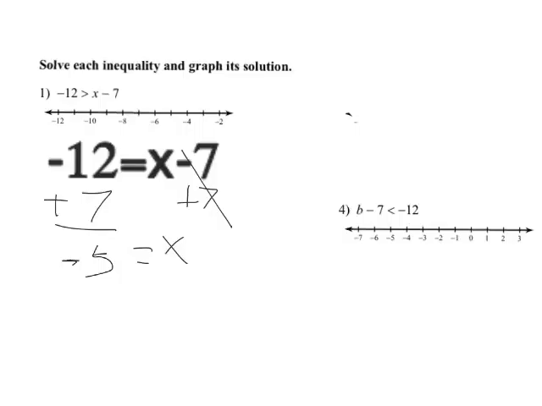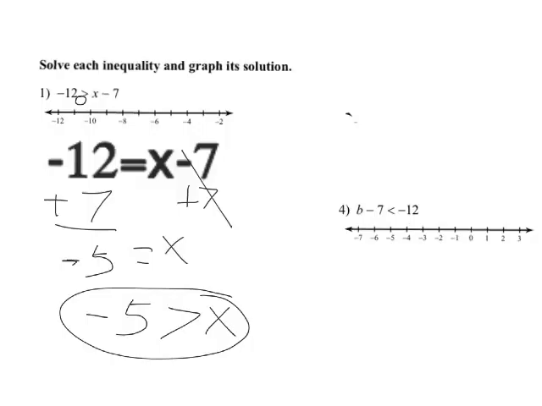So really, what I've ended up with now is, I'm going to put my sign back down because I didn't multiply or divide by a negative. So my answer will be negative 5 is greater than x. I'm going to go ahead and graph my inequality.